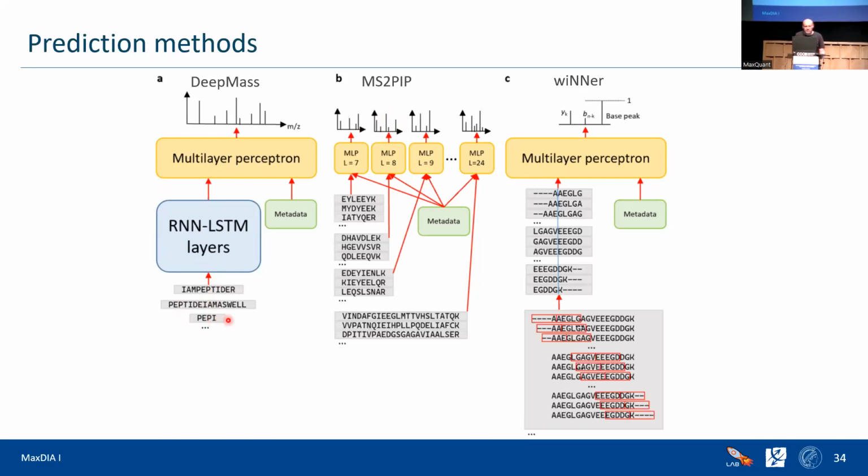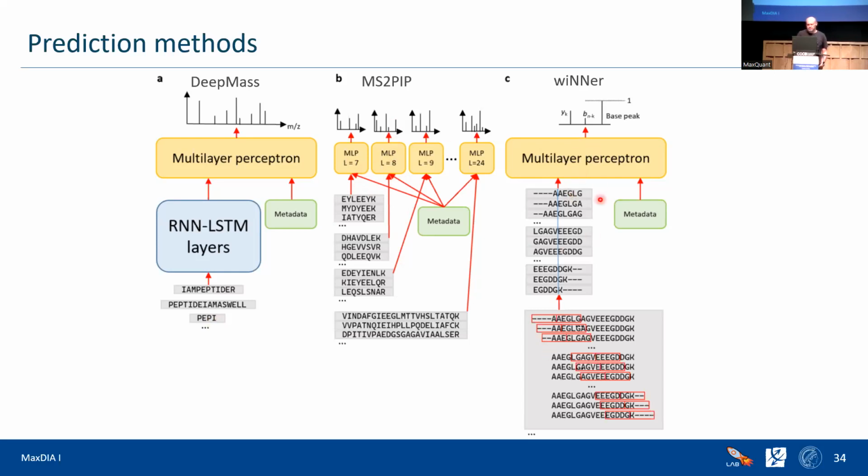So they said, let's simplify by just considering one length at a time. I make a model for length 7 peptides, another model for length 8 peptides, length 9, and so on and so forth. Each of them is just a fixed length representation to start with, and you can use any machine learning you like to do regression on these. You could, for example, just use a simple, fully connected neural network, or they used random forests, I believe.